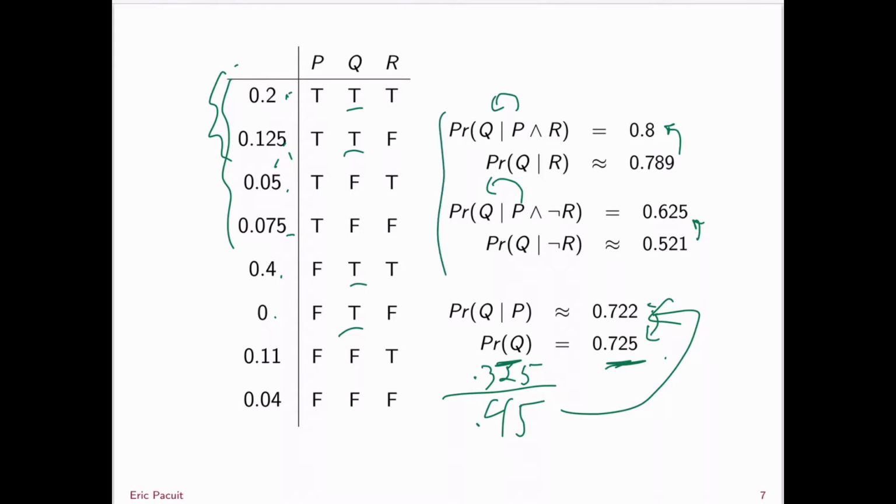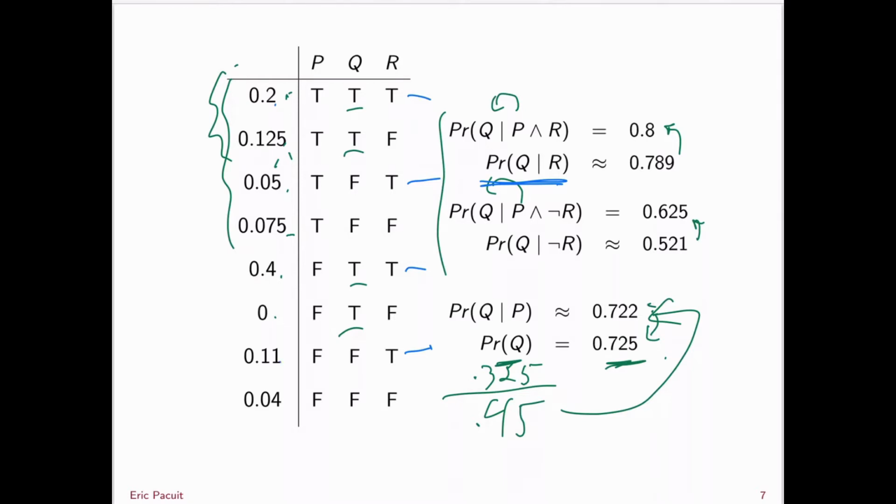What about these probabilities right here? Well, the probability of Q given R: R is true on these 4 rows right here. So that's 0.2 plus 0.05 plus 0.4 plus 0.11.